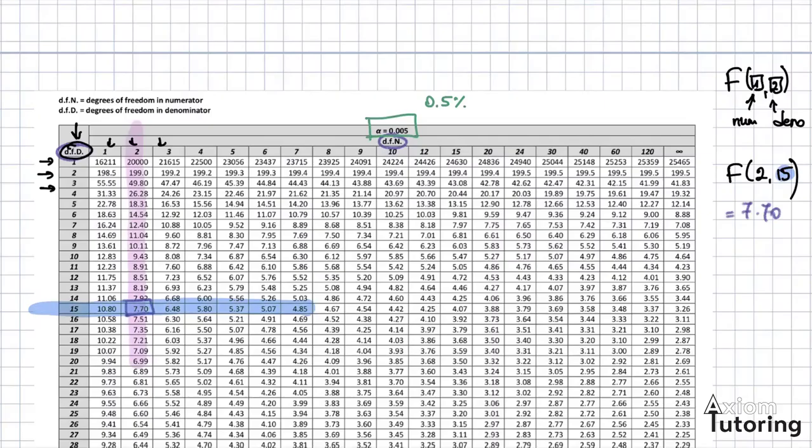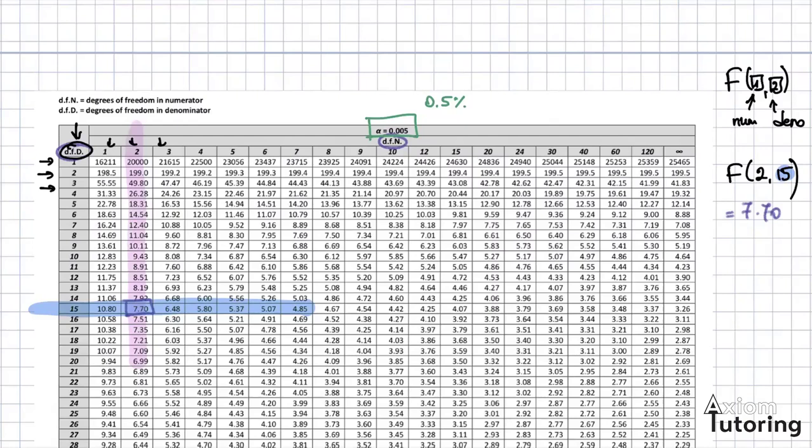Typically, the tables that you find most commonly are those for 10%, 5%, 1%. But keep in mind that just as we did for any of the values in the t-test, we can find them also for the F-test.